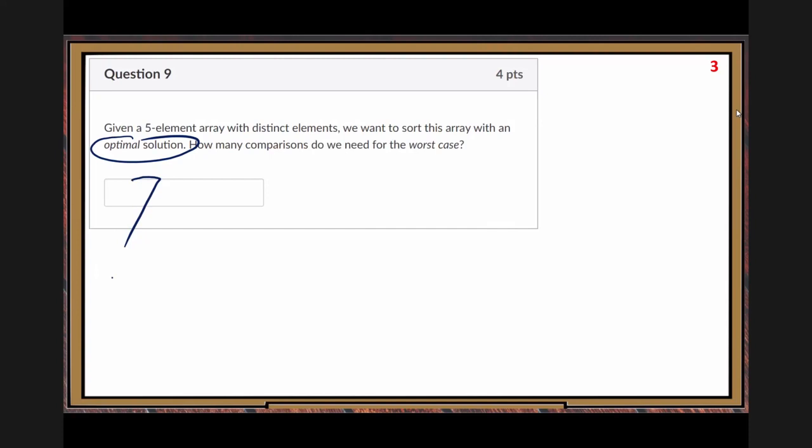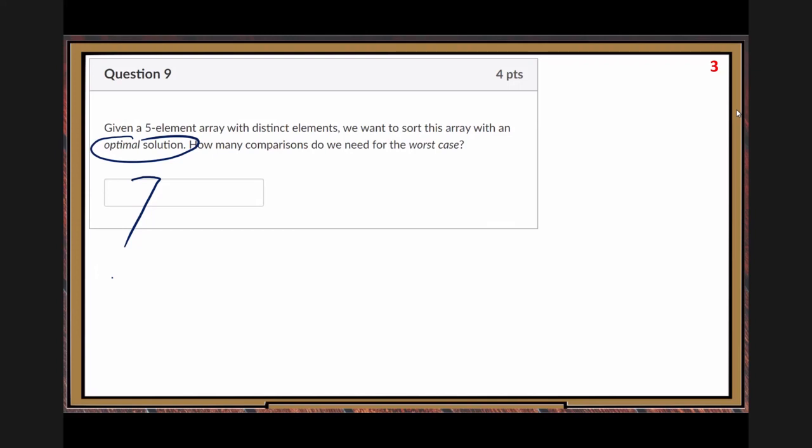You can find in our notes, we found a sorting algorithm using 7 comparisons to sort it. I drew the diagram, so you can see my annotation in the diagram.